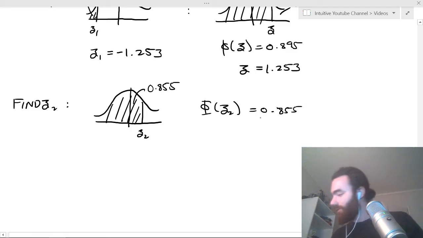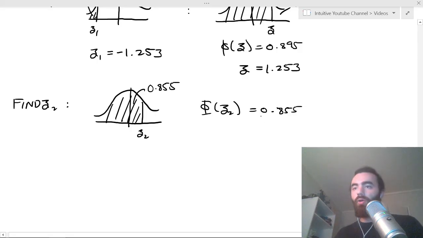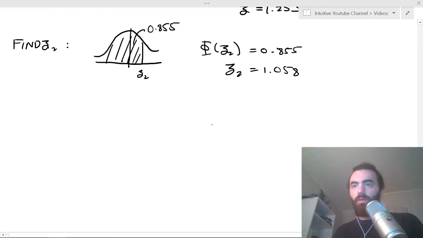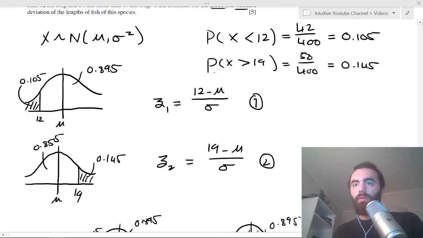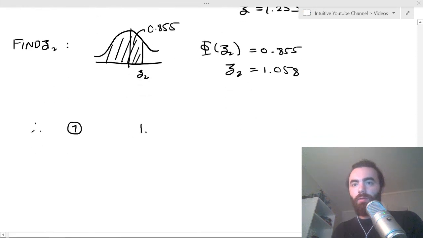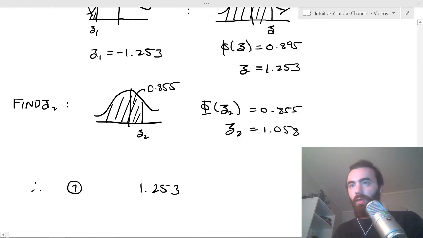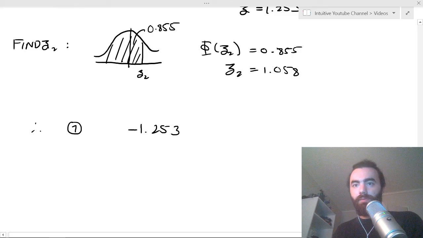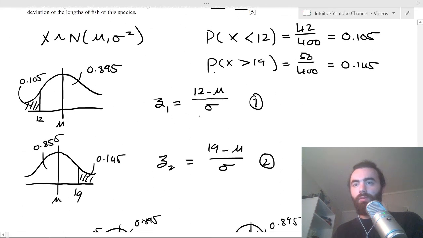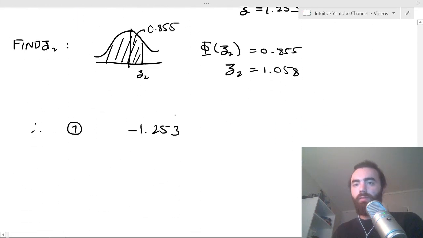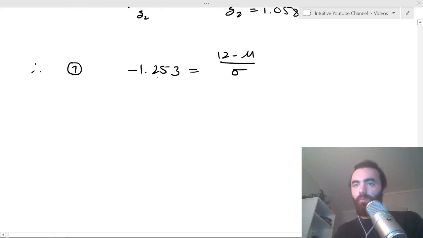Well, you look it up on your table, and I did that before as well, it is 1.058. So therefore, equation 1 becomes minus 1.253 equals 12 minus mu over the standard deviation, which we can simplify.